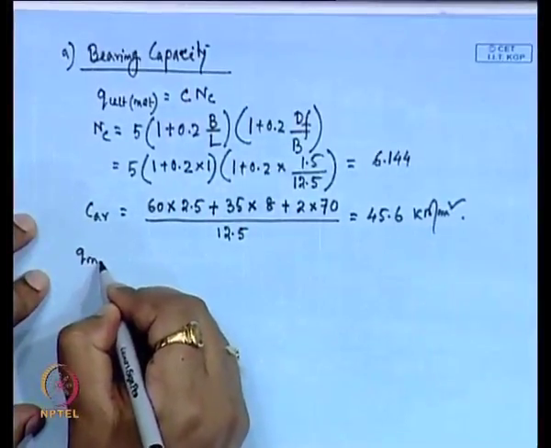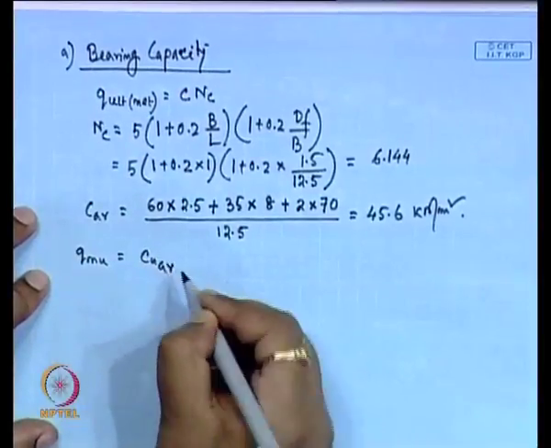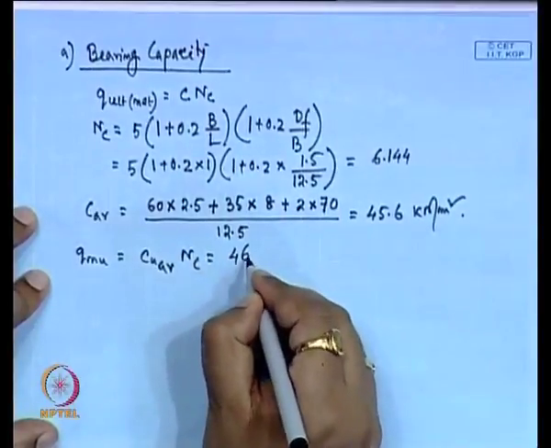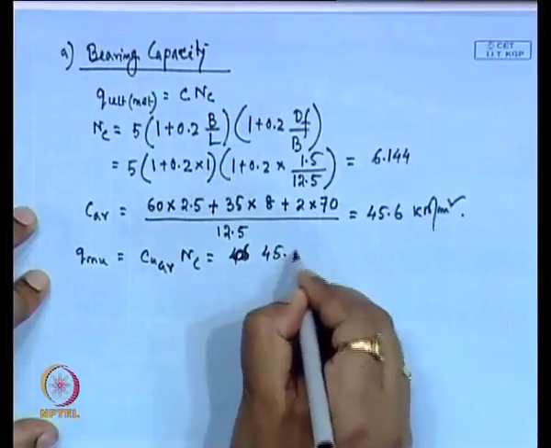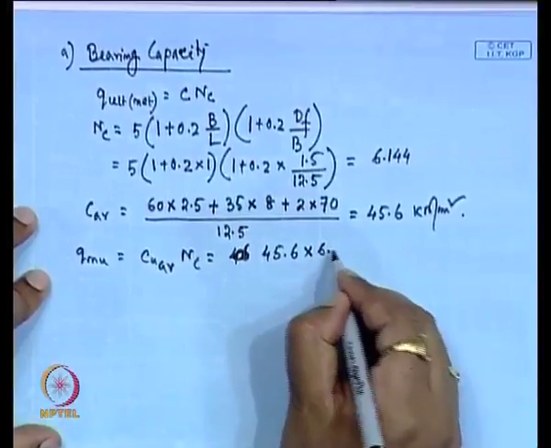So, Q net ultimate is CU average into NC. So, 45.6 into 6.144.